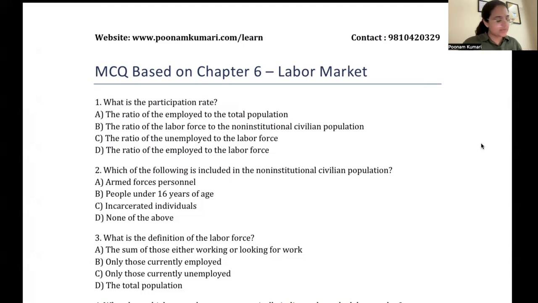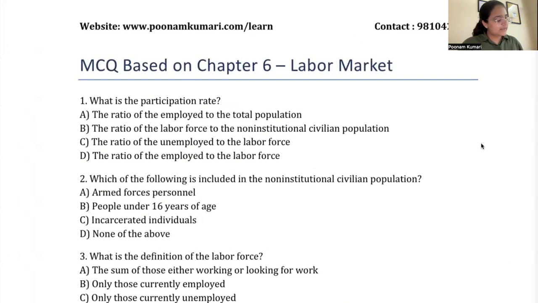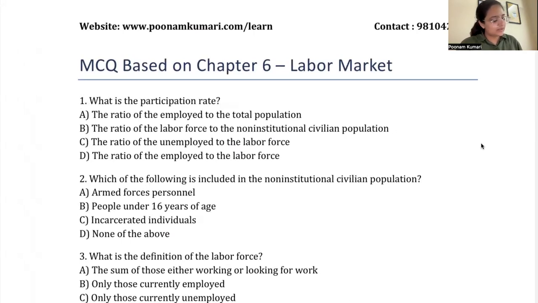So first MCQ. What is participation rate? Is it employed divided by total population, or the labor force to non-institutional civilian population, or unemployed to labor force, or employed to labor force?